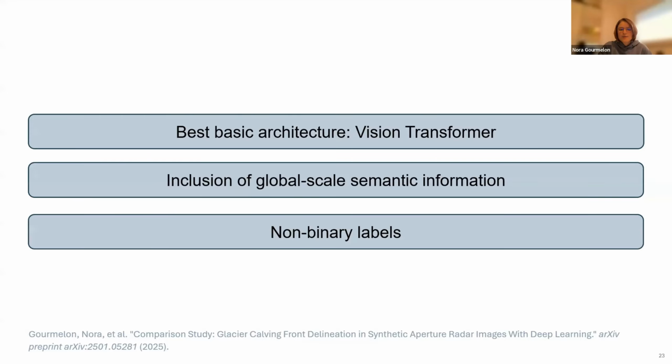And then it's best to use non-binary labels. So either you train on the multi-class segmentation labels, or you do multitask learning on both labels. And these outperform the models that only train on the calving front binary segmentation labels.